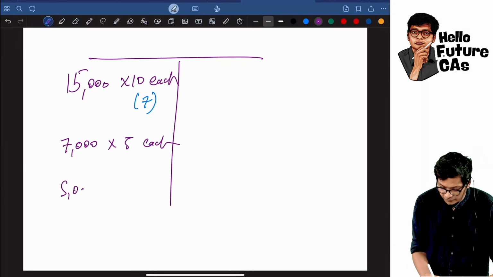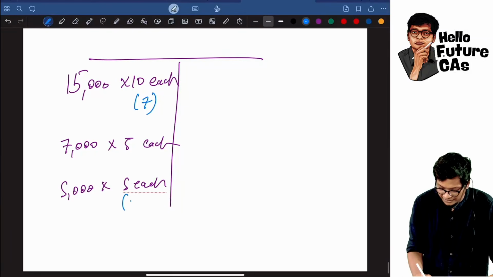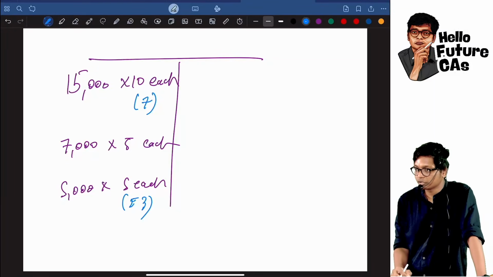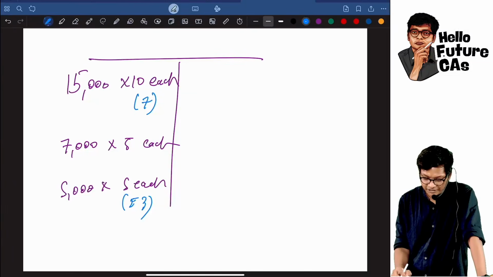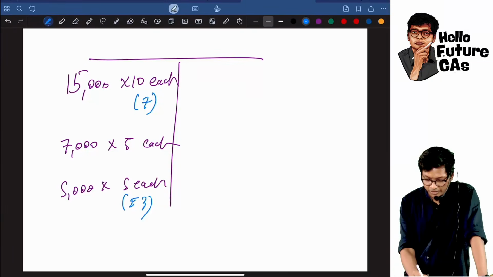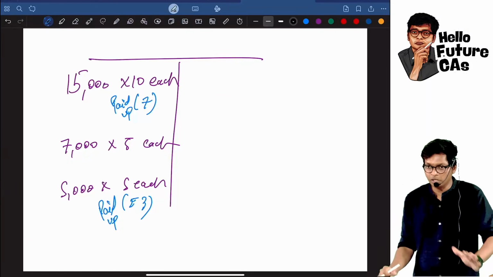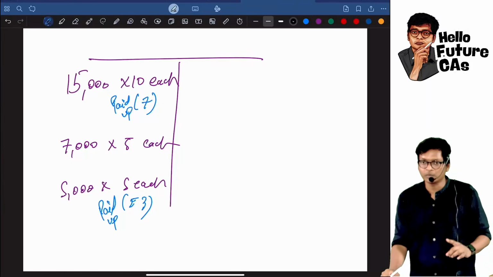And we have 5,000 shares of 5 each whose paid up value is 3. I'm just complicating the question. Whatever I wrote in blue color is the paid up. This much complicated sum will not come in exam, but since you want to understand the concept, we are doing one more sum.